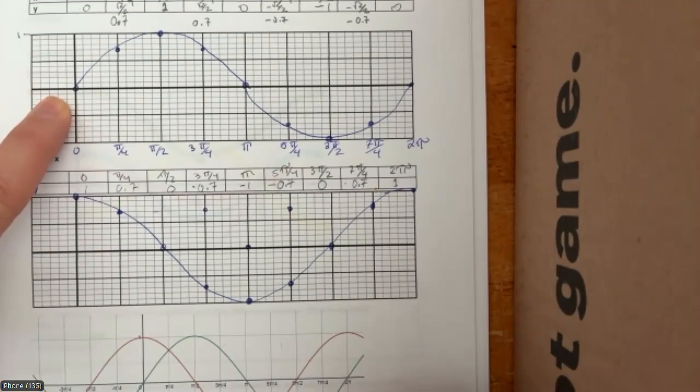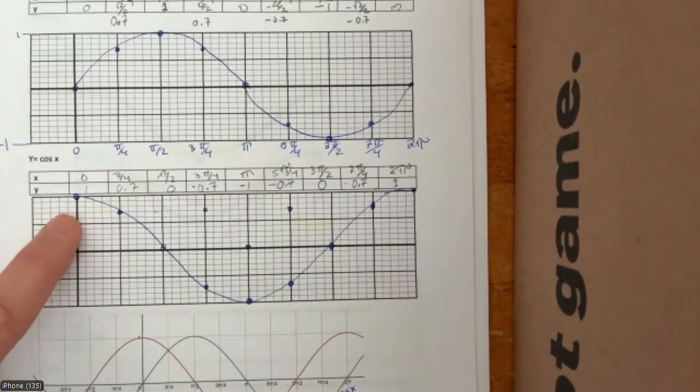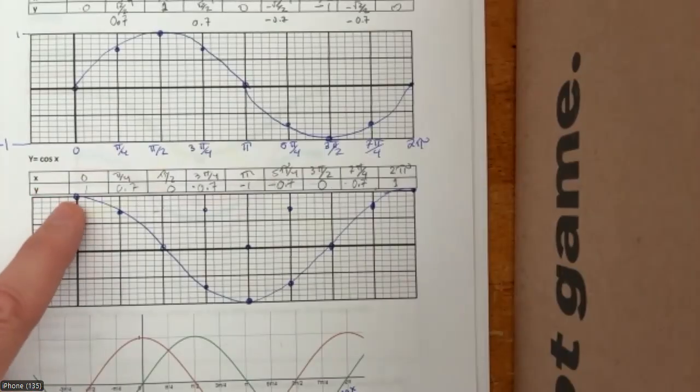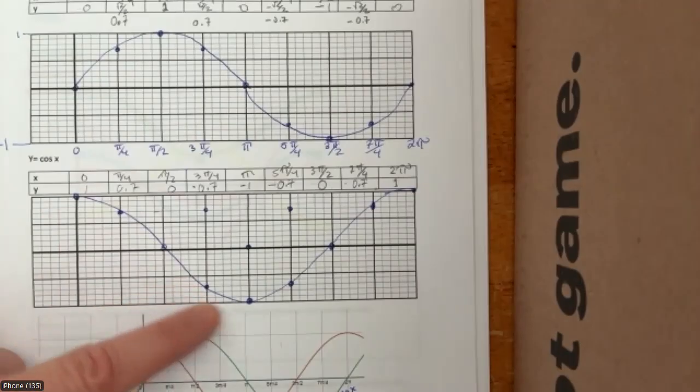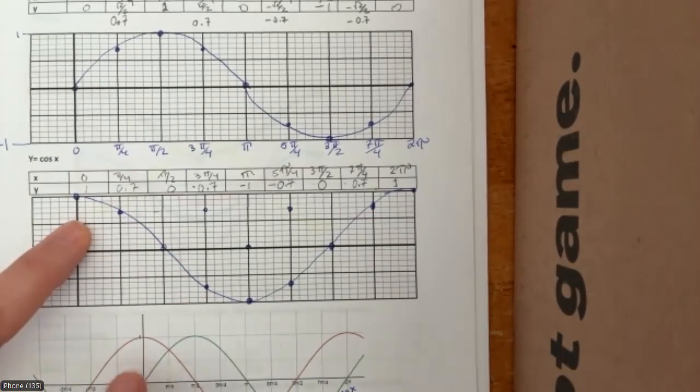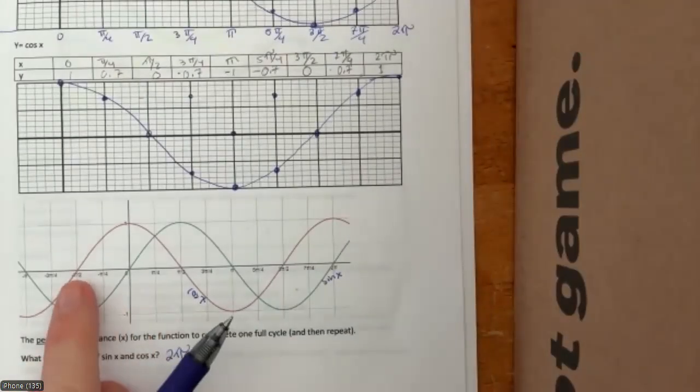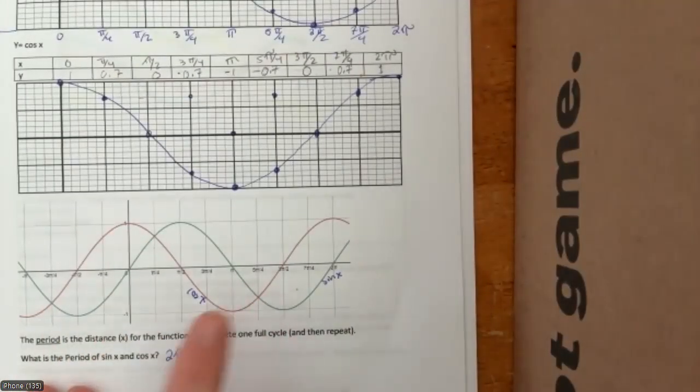So this green here is sine of x. And cosine waves, so the parent graph, starts at the peak of the wave, and then it heads down toward the middle and then the valley. So this red one is cosine of x. And hopefully you can tell that they're the same shape. They're just shifted horizontally from each other. So that's always true.